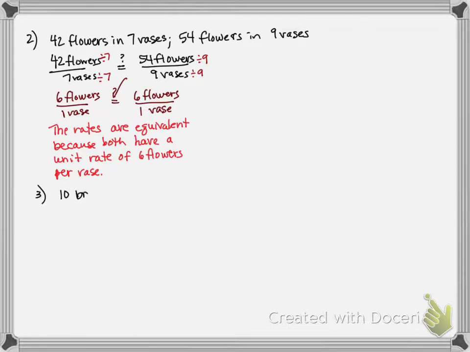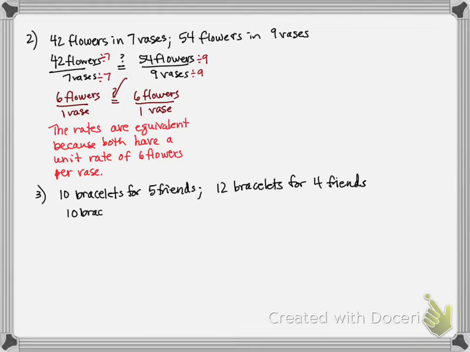10 bracelets for 5 friends, and 12 bracelets for 4 friends. So we're going to start by writing them as a fraction.